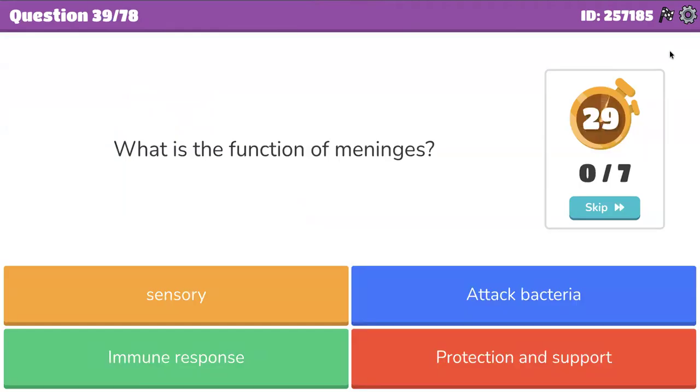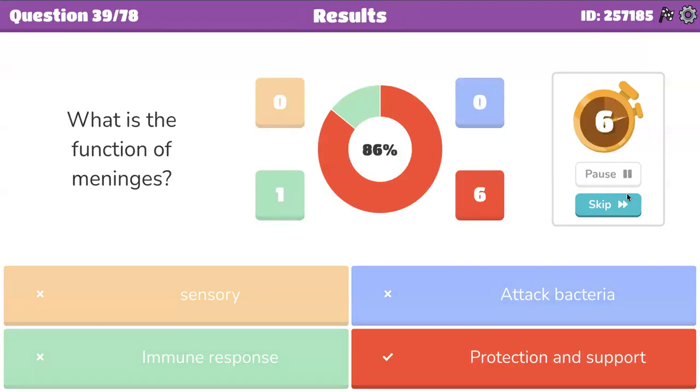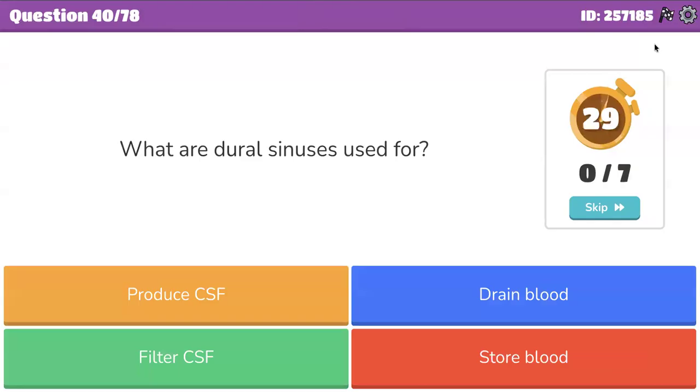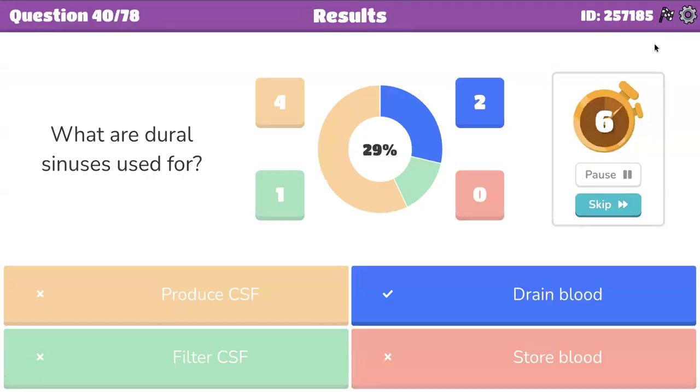What is the function of the meninges? Protection and support for our brain. What are dural sinuses used for? To drain blood.